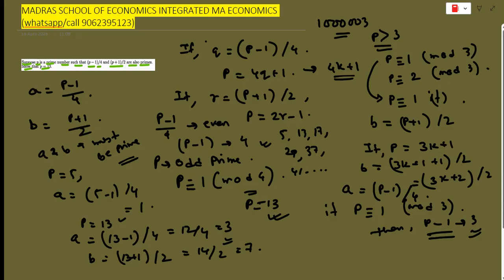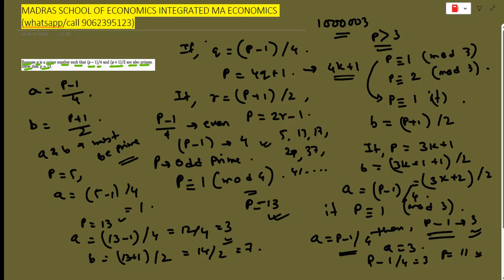Now since A equals (P minus 1)/4 and 4 is not divisible by 3, then A must be divisible by 3. The only prime divisible by 3 is 3 itself. So A equals 3. So (P minus 1)/4 equals 3. So P will be 13, right?